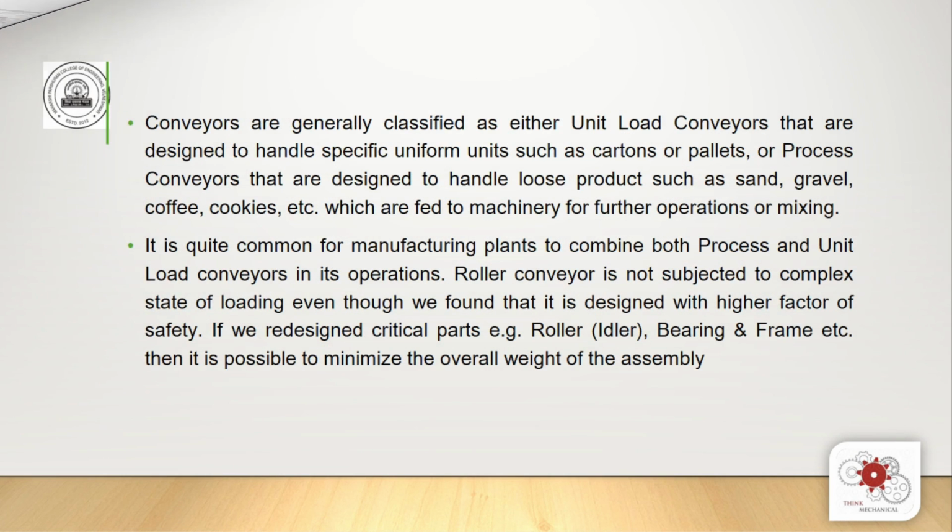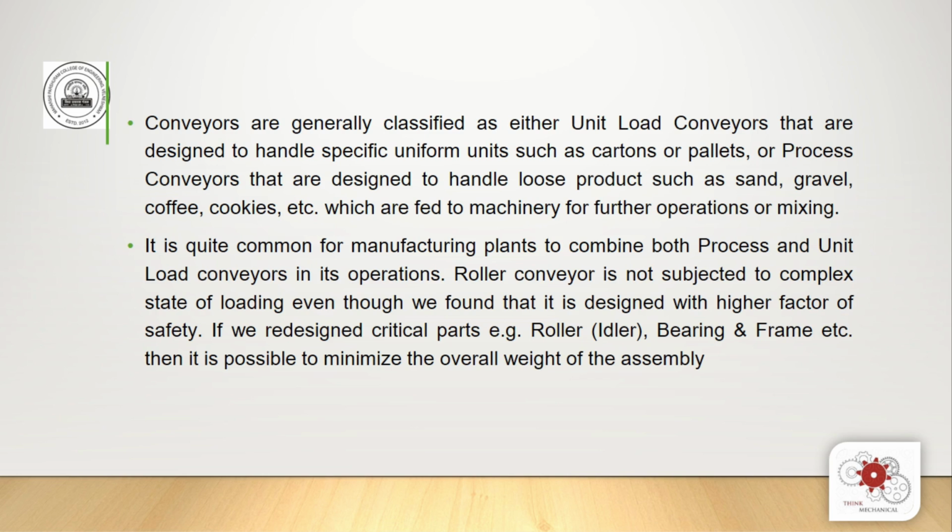Then conveyors are generally classified as either unit load conveyors that are designed to handle specific uniform units such as cartons or pallets, or there might be some process conveyors that are designed to handle loose products such as sand, gravels, coffees, cookies, etc., which are fed to the machinery for further operation or mixing.